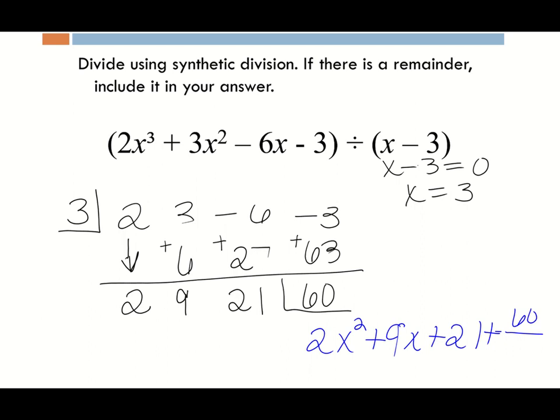So it's 60 divided by x minus 3. That's what's left over. So this here would be our final answer.